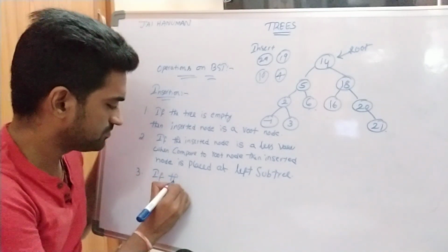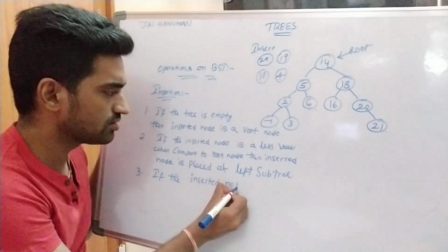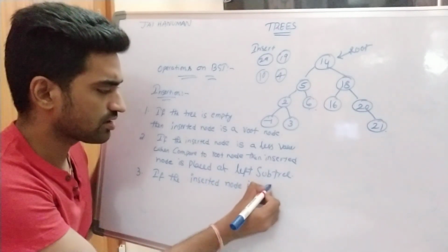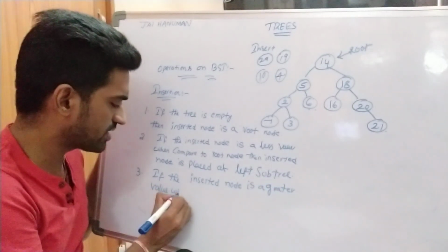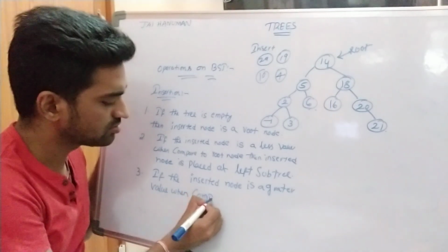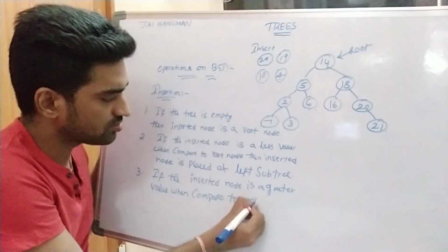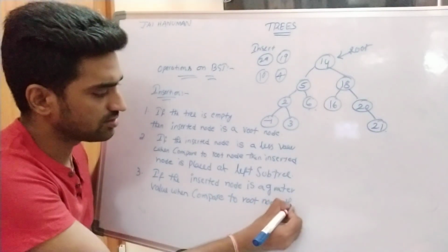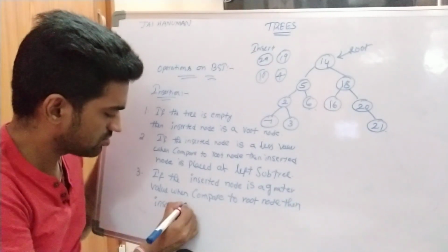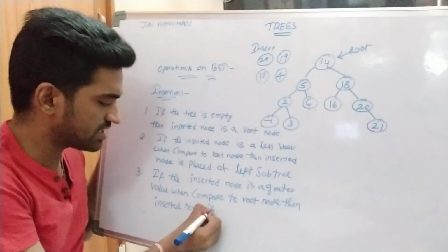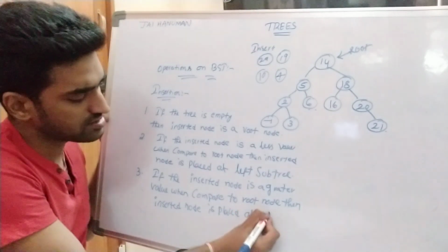If the inserted node is a greater value when compared to the root node, then the inserted node is placed at the right subtree.